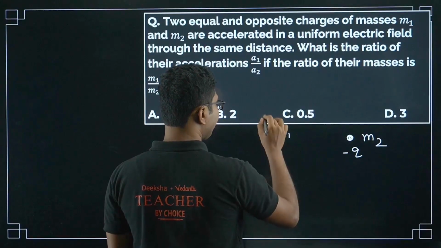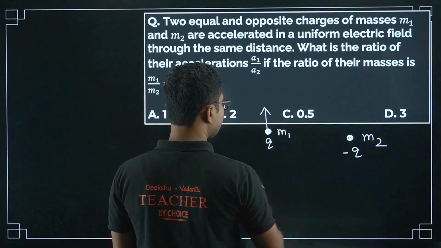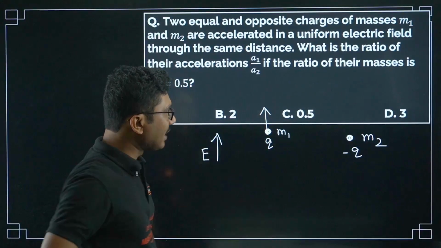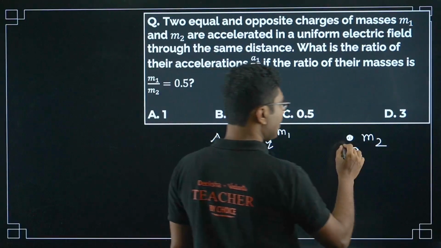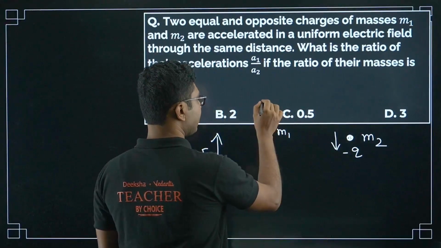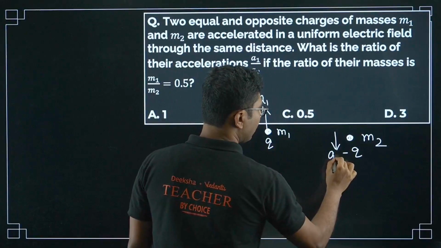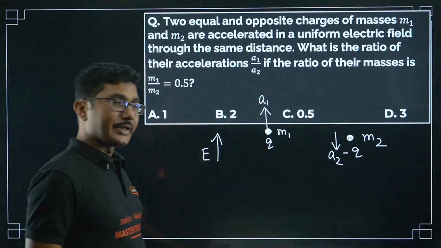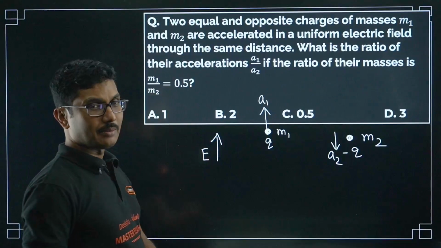Suppose that this is the direction of electric field. The positive charge will accelerate in the direction of electric field. The negative charge will accelerate in the opposite direction of the electric field. So this is a1, this is a2. So what will be the ratio of their accelerations if the ratio of their masses is given?